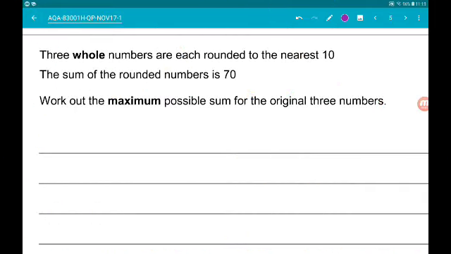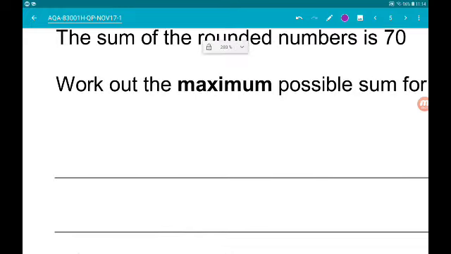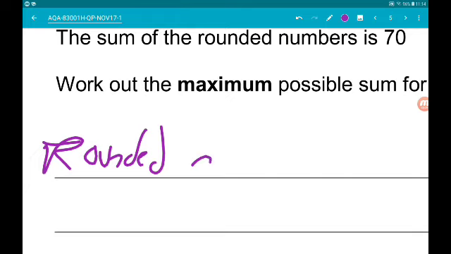Okay, question 8. 3 whole numbers are rounded to the nearest 10. The sum of the rounded numbers is 70. We want to work out the maximum possible sum for the original 3 numbers. So, let's think up what our rounded numbers could be.